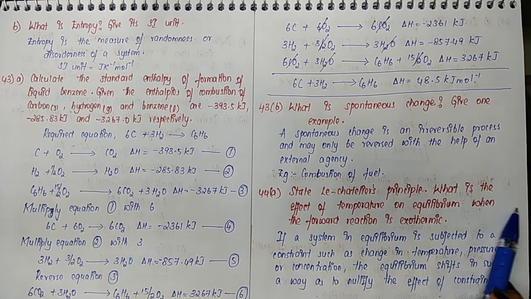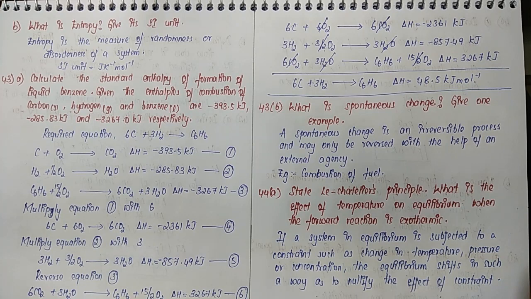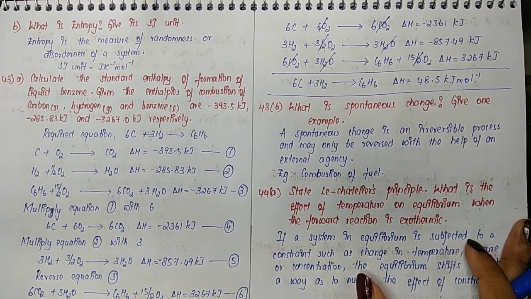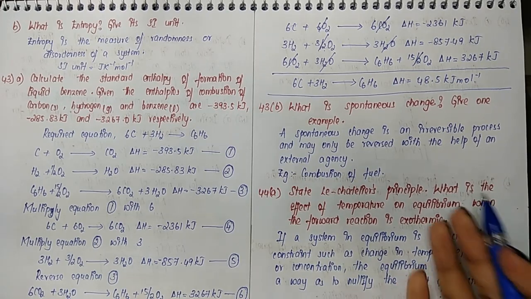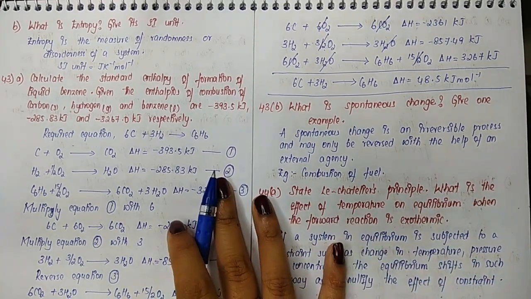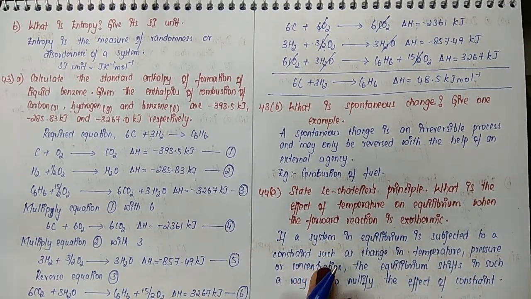Now it says when the reaction is exothermic, what will happen? So here we can say that when the reaction is exothermic and when you increase the temperature, it will automatically favor a backward reaction. Okay, so let's write that down.